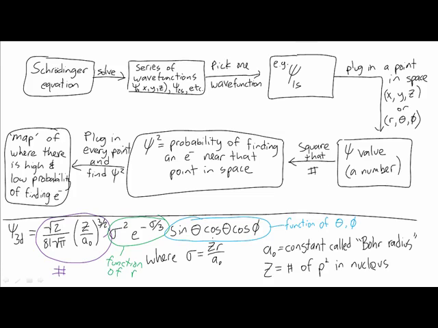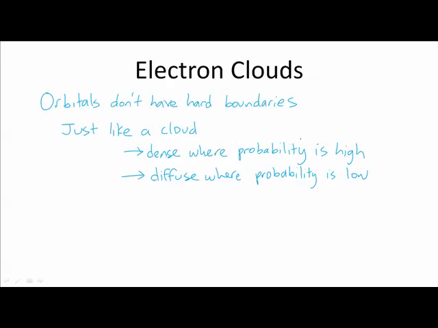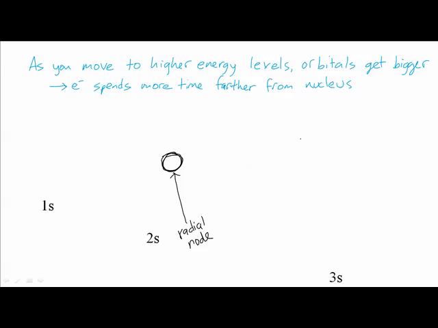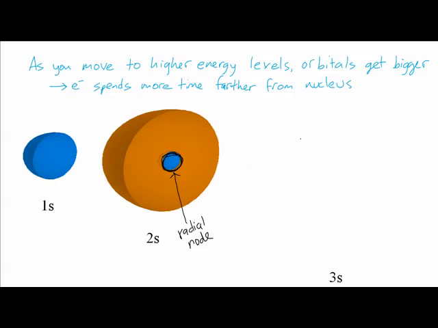We then said you have to square that number, and then that tells you the probability. So what the colors are actually representing in this picture is the value of the wave function, whether it's positive or negative. We call that the phase of the wave function. And it becomes important later on.